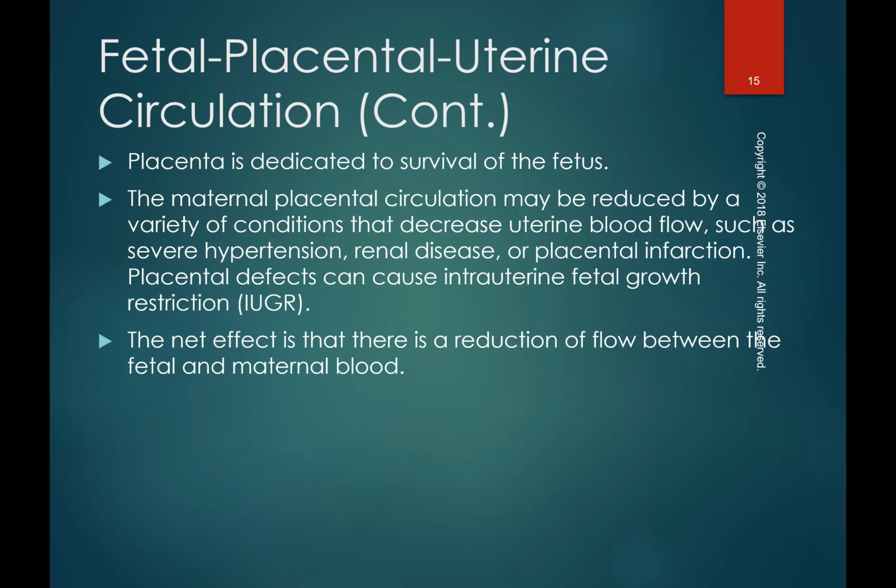Any kind of renal disease or a placental infarction, if there's just not the correct amount of blood flow going through the placenta, can cause IUGR. Intrauterine growth restriction is what it says: when the baby's not growing as much as they should within the womb. The net effect is a reduction of flow between the fetal and maternal blood.